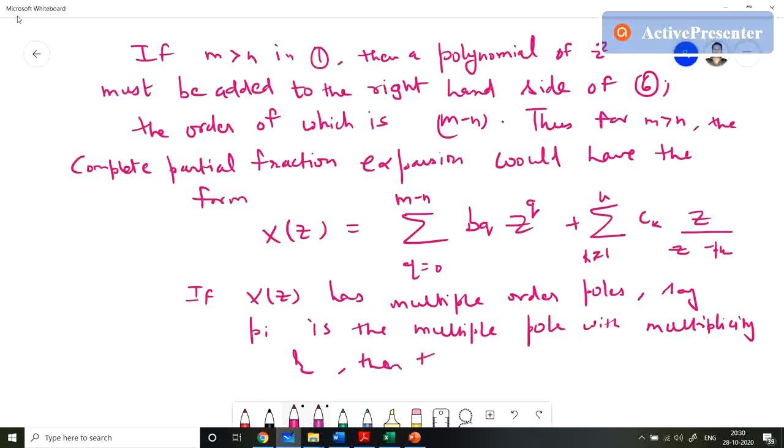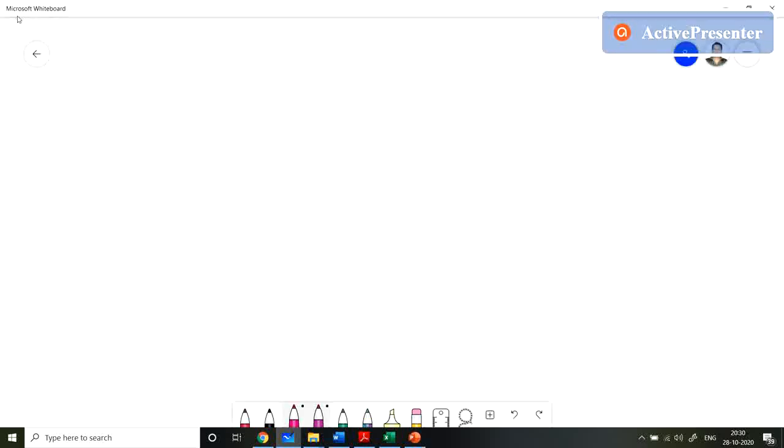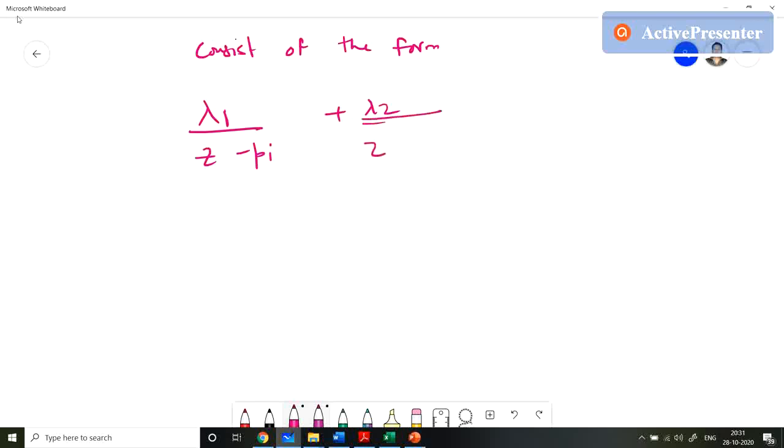Then the expansion of X(z) divided by z will consist of the form given as lambda 1 divided by (z minus pi) plus lambda 2 divided by (z minus pi) squared plus and so on, plus lambda r divided by (z minus pi) raised to the power r.